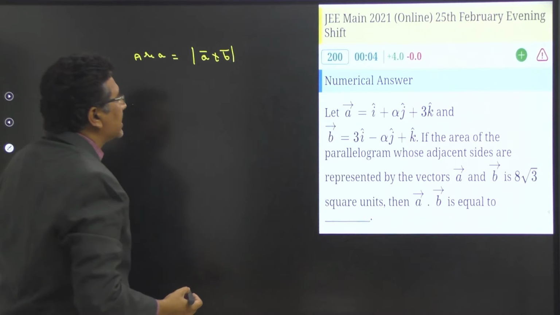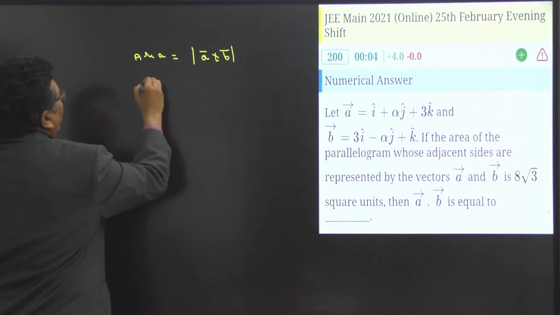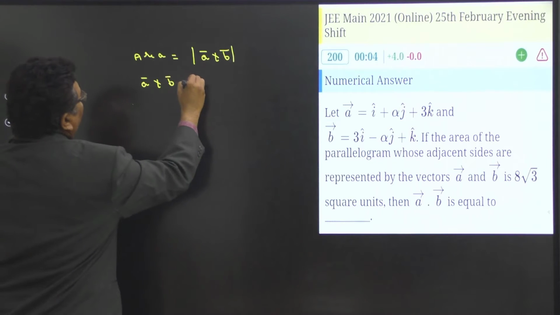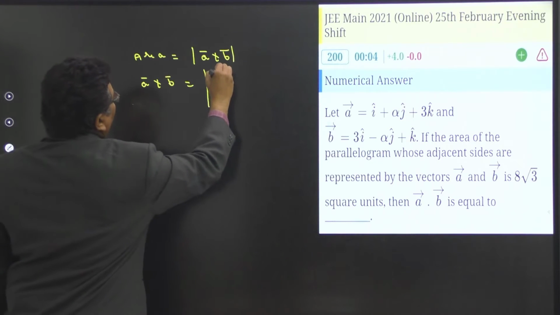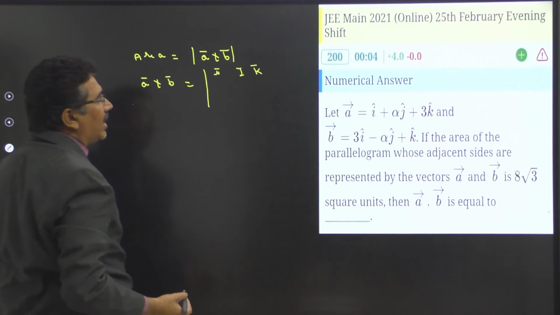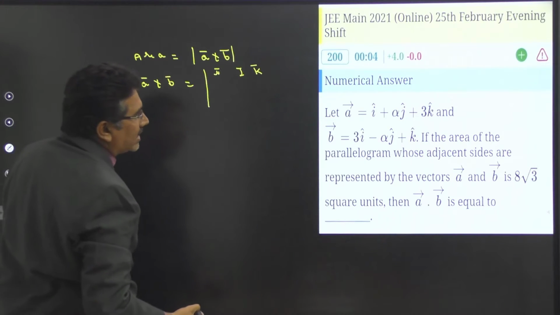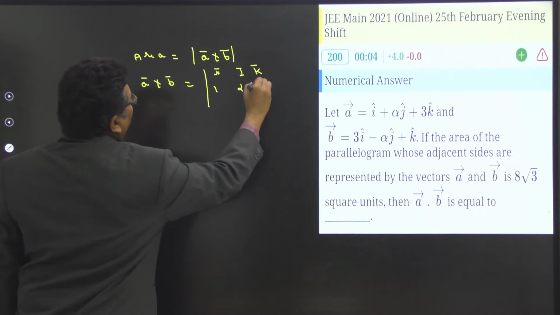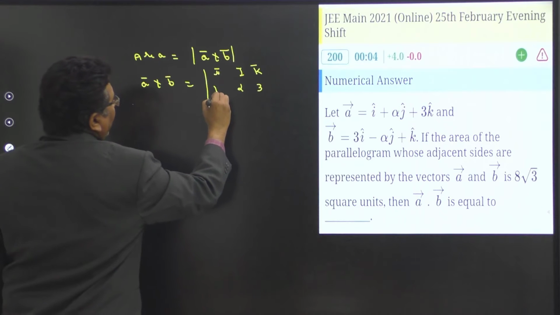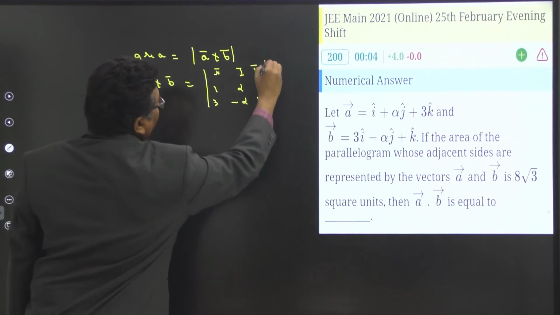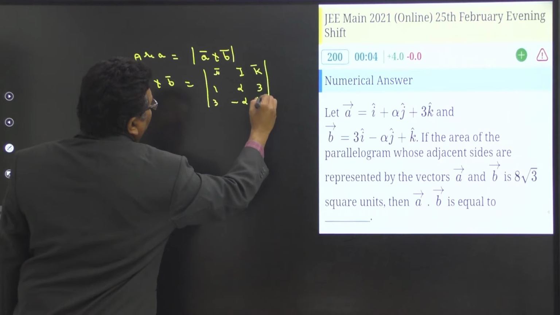Now, what is a bar cross b bar? How to find a bar cross b bar? That is equal to the determinant i bar, j bar, k bar. Now, the components of a bar: 1, alpha, 3 minus alpha, and b bar: 1.